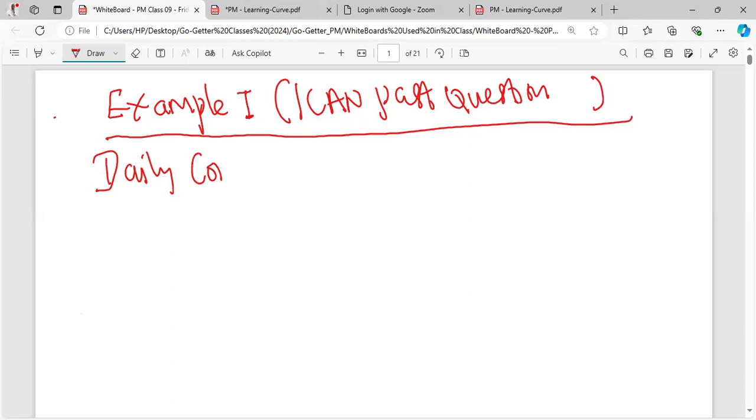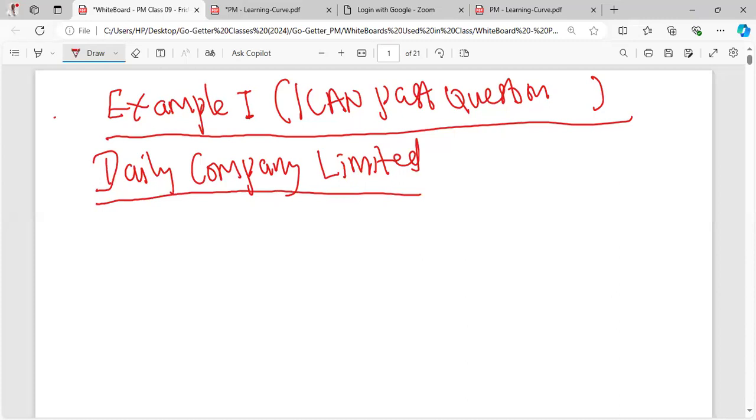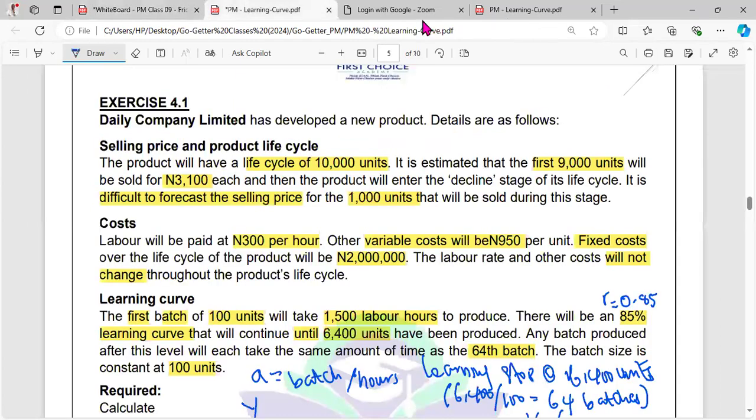All right, so we are heading somewhere. Now, what are we looking for? We are looking for Y when X is 64.